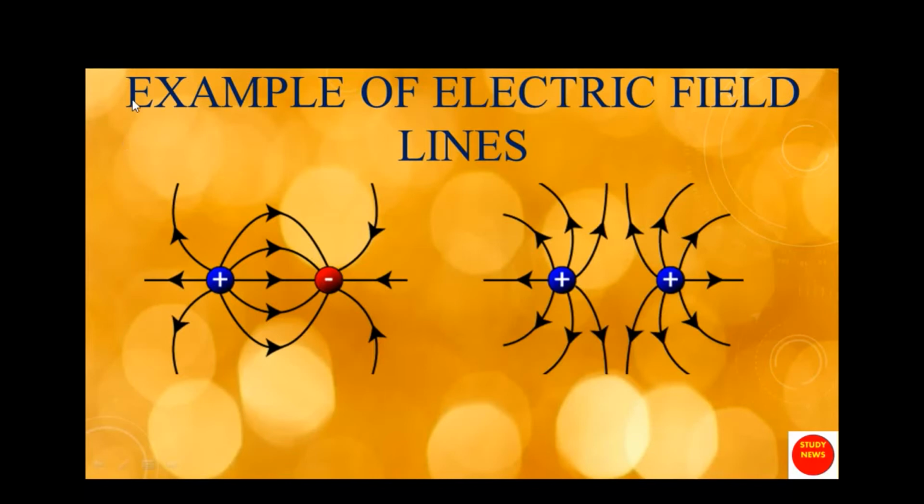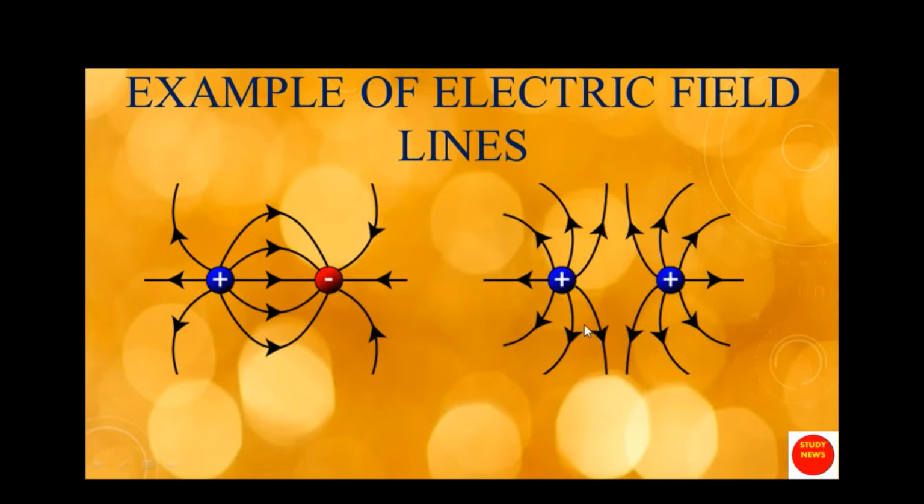And a line which is moving straight from here will not complete the circle; it will move straight. For this purpose we can say that the electric field lines at a positive charge are much greater than the electric field lines at a negative charge.